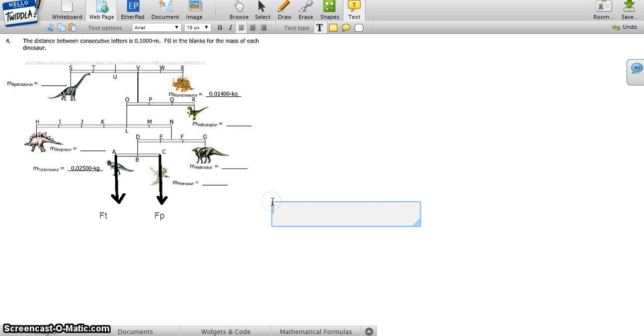Okay, so we can write a net torque equation. Those two torques have to be balanced. So torque from the Tyrannosaur has to be equal to the torque from the pterosaur.